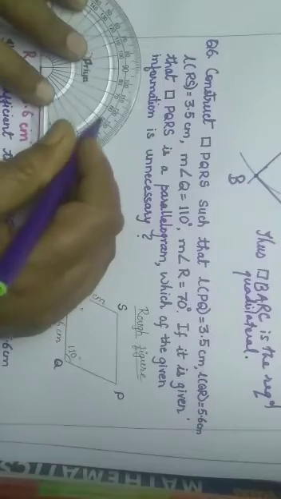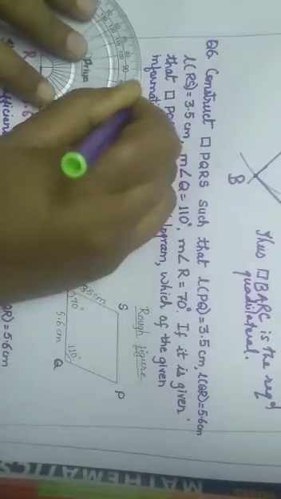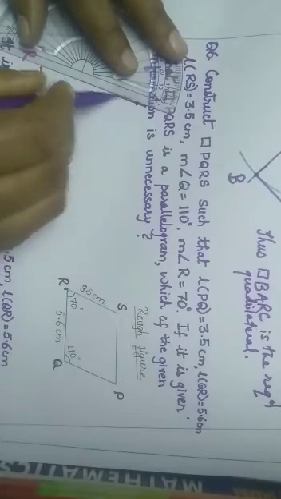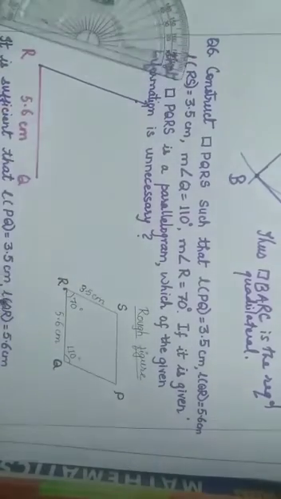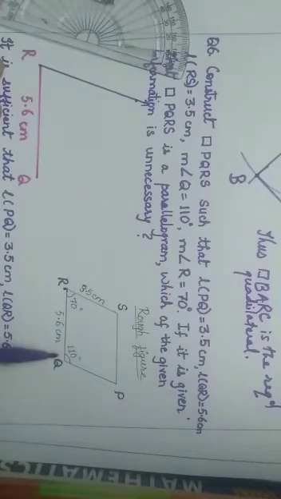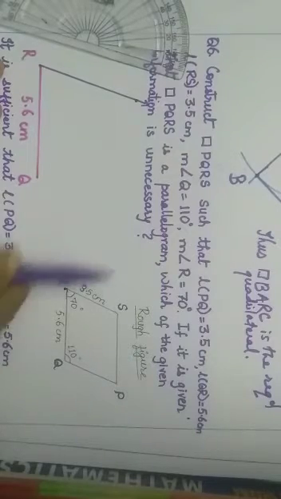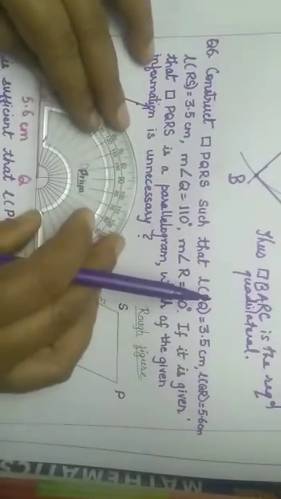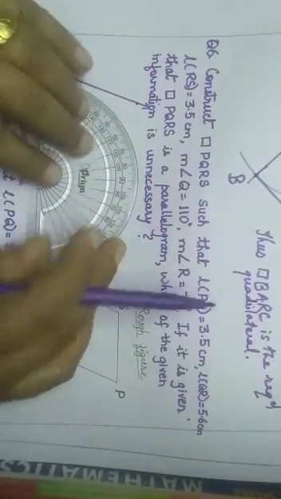So from 0, 10, 50, 60, 70, this is the 70 degree angle, and draw one ray towards that angle. After that, measure angle Q is given. Measure angle Q is equal to what? 110 degree. So let us take Q as 110 degree.